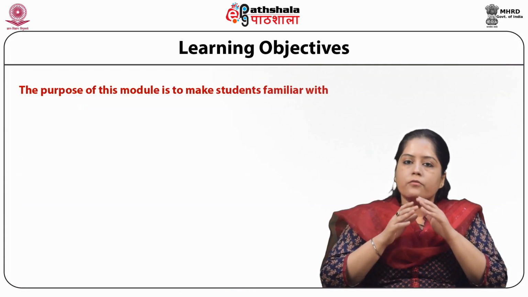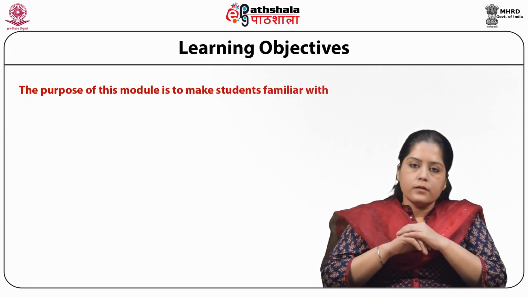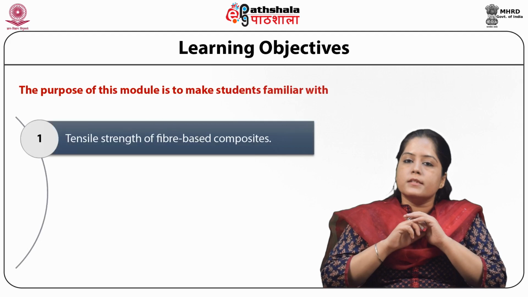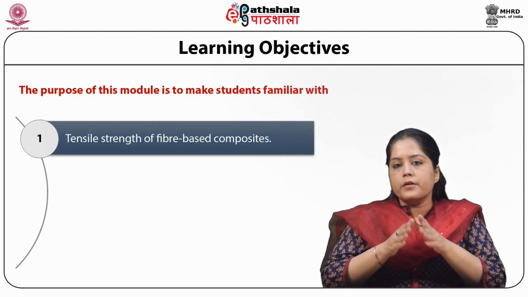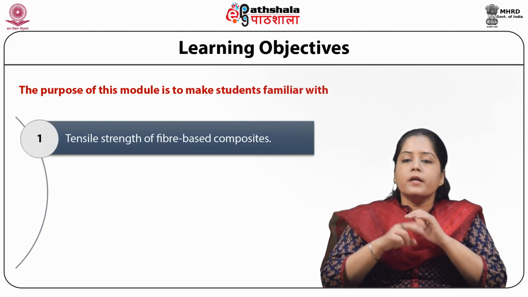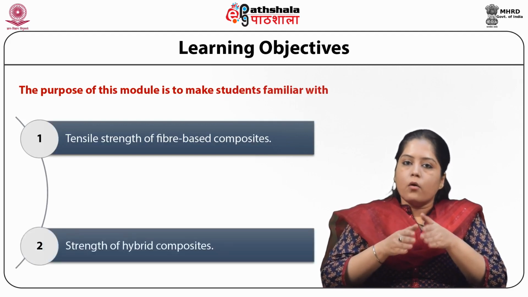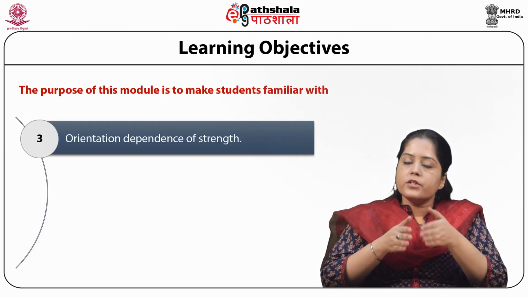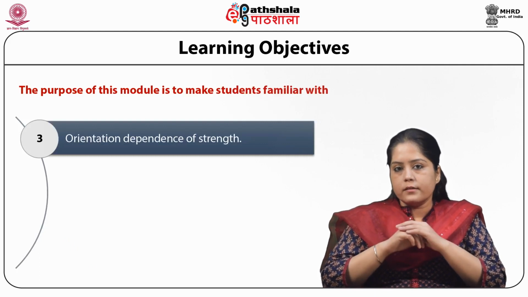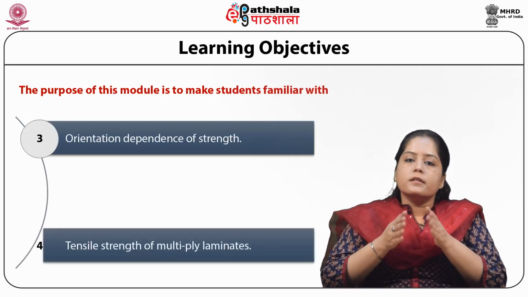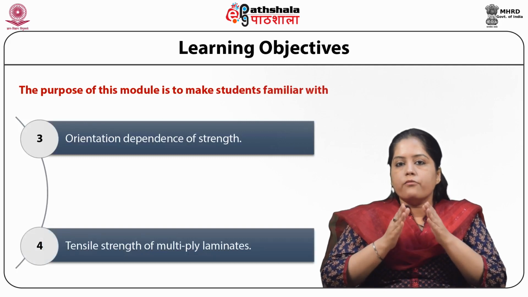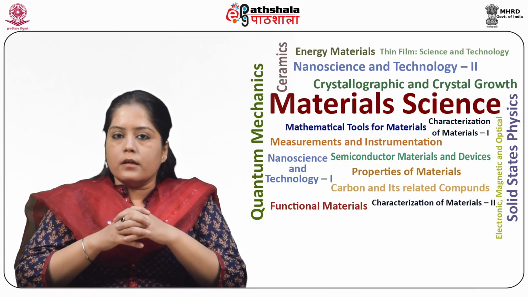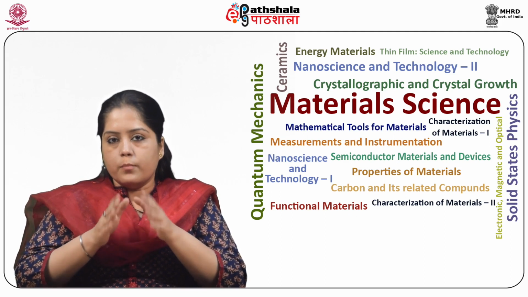The purpose of this module is to make the students familiar with, first, the tensile strength of fiber-based composites; second, the strength of hybrid composites; third, the orientation dependence of the strength; and lastly, the tensile strength of multi-ply laminates. So students, let us start with a basic introduction about this module.